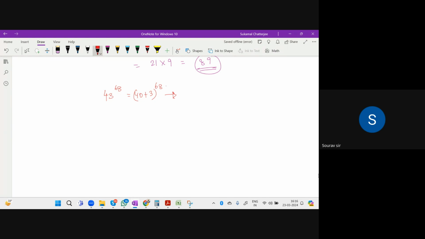So that means I will take 68C67 into 40 into 3 to the power 67, plus 3 to the power 68, understood?